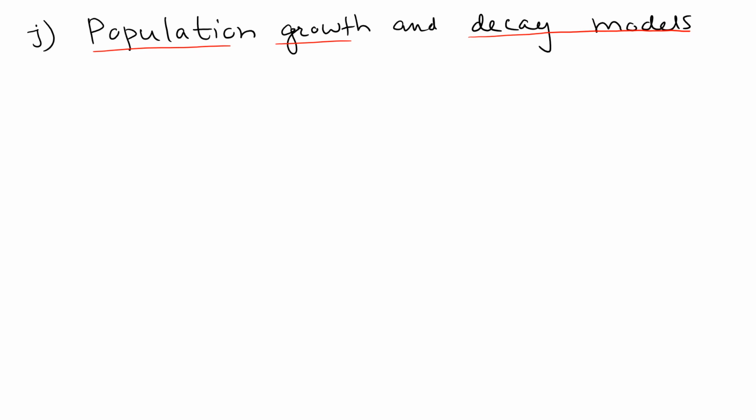You can write all of them as dP over dt, where P is the population size, which is normally proportional to P, the population size, and that's going to give you the differential equation dP over dt equals k, a proportionality constant, times P. So that is the format of a population dynamics problem.